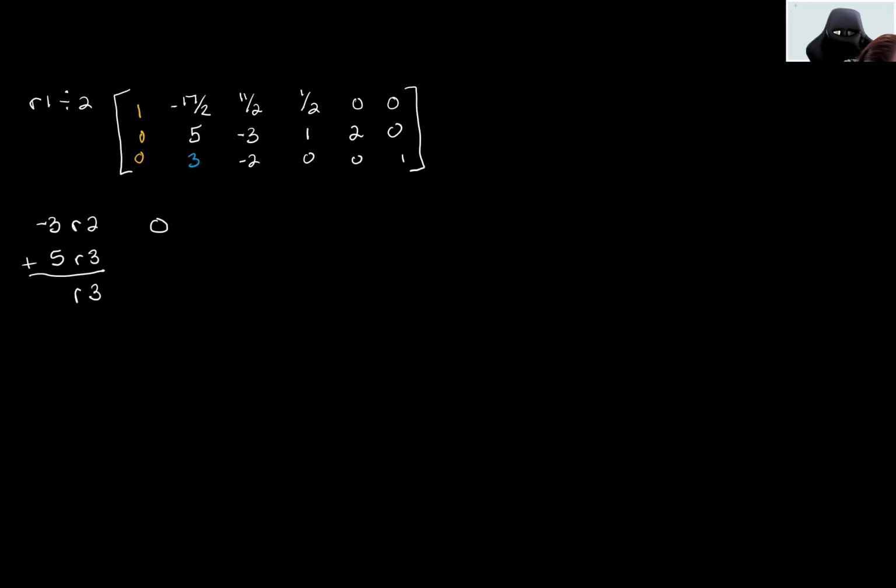So I'll multiply that second row by -3, and then the third row by 5, and then I'm going to add them together.